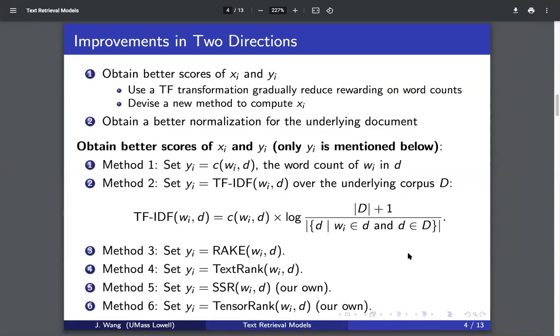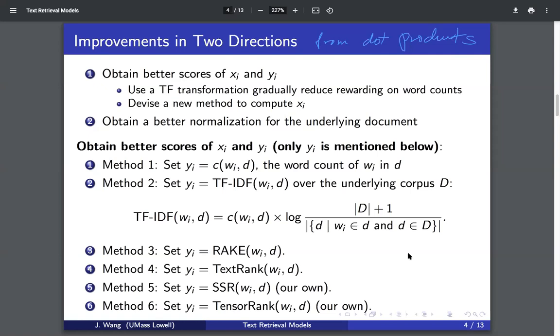Okay, so now let's look at improvement in two directions from dot products. Dot products is not good enough. So how are we going to improve it? We have two directions.